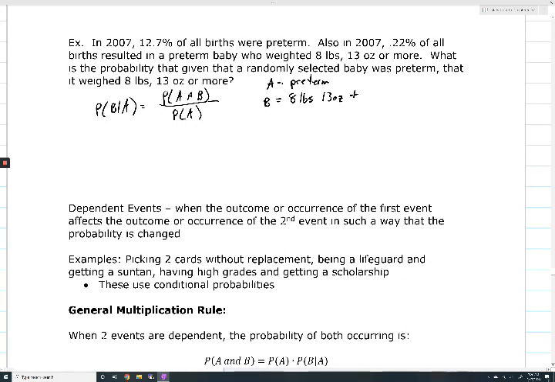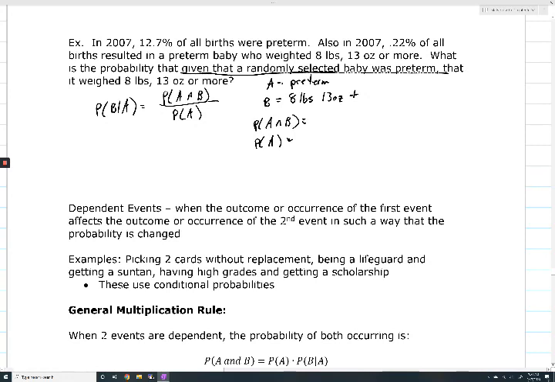So those are the two different conditions that we're looking at. And now which one of those is given to us? Given that a randomly selected baby was preterm. So that means our A is the piece of information that is given. All right, so in order to find probability of A given B, I need to find the probability of A and B and the probability of A.